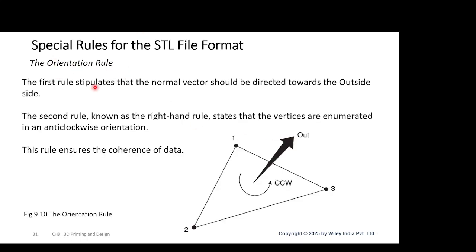The orientation rule says that the normal vector, at 90 degrees, should be directed towards the outside. There's another rule called the right-hand rule. It says that the vertices are enumerated anti-clockwise. So we will say this is 1, this is 2, and this is 3, not the other way around.